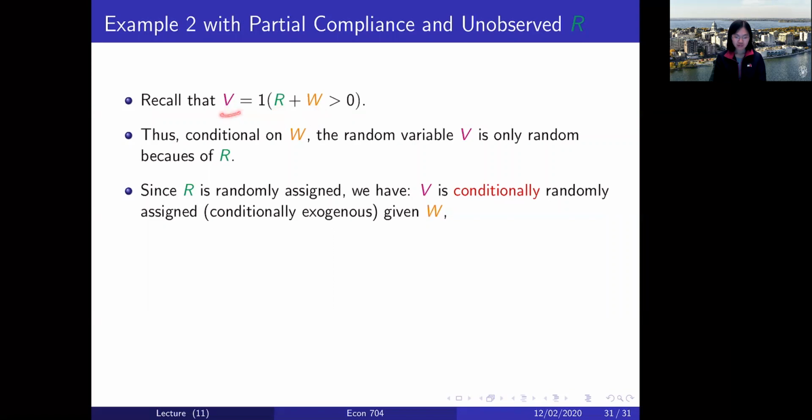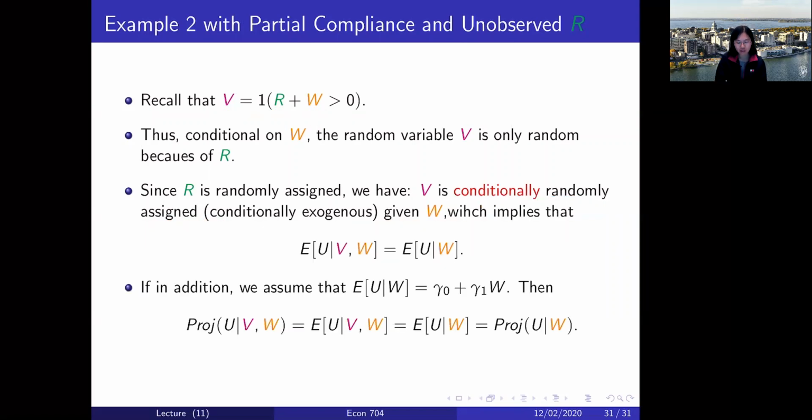So V, in fact, satisfies a conditional exogeneity condition. It's conditionally randomly assigned given W. That is, the expectation of U given V and W equals the expectation of U given W.